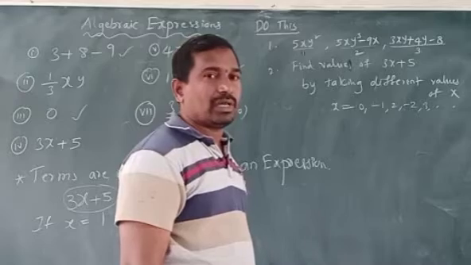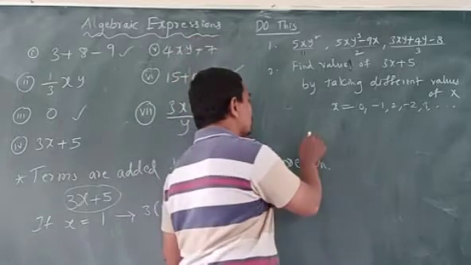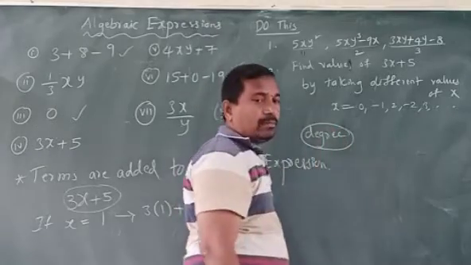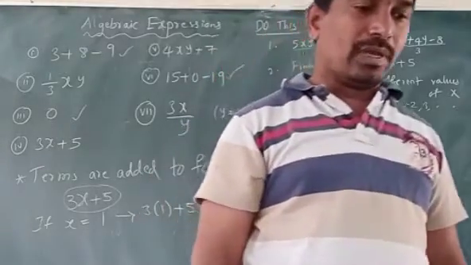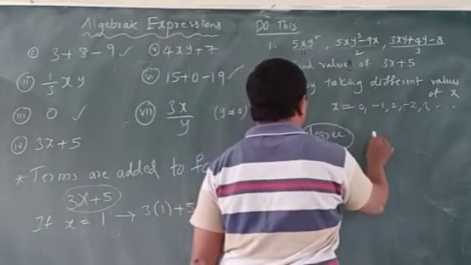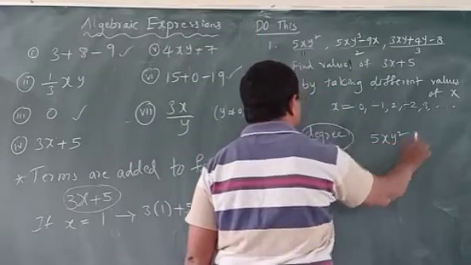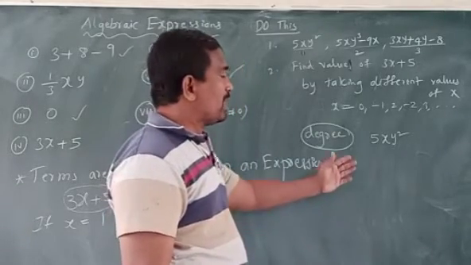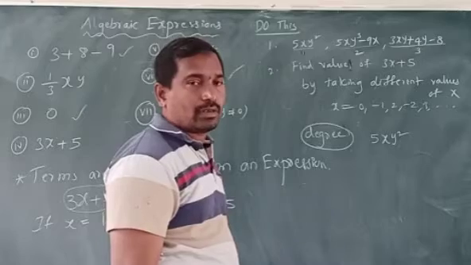Now what is meant by degree of a monomial? For example, here 5xy square is a monomial. What is the degree? Degree of a monomial or degree of a term.